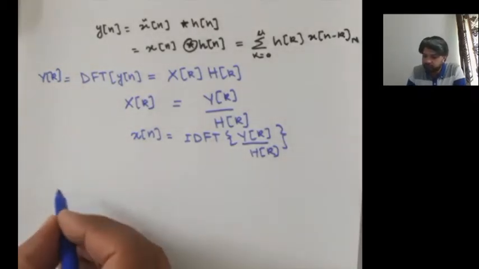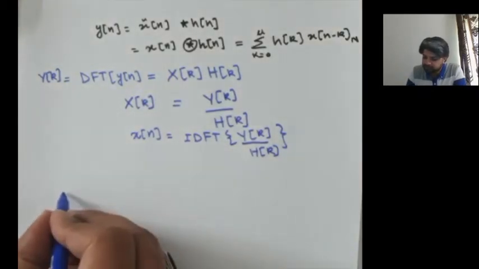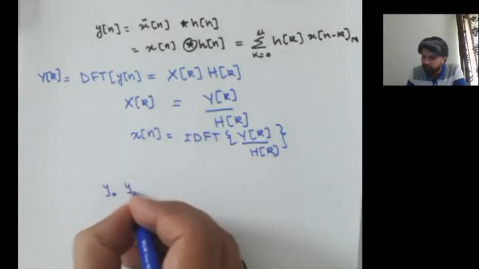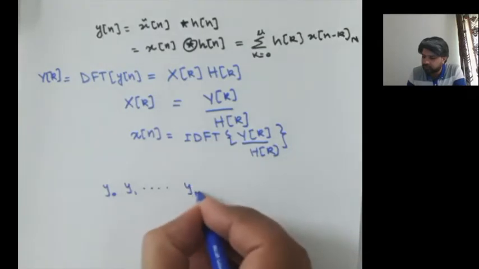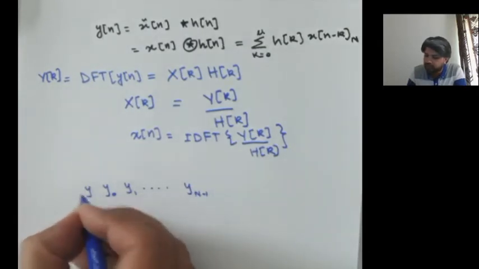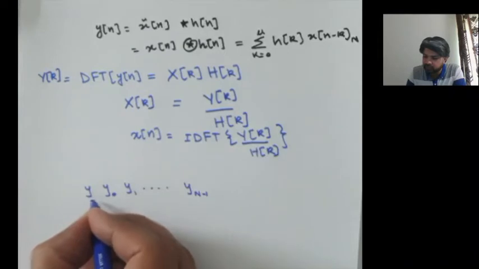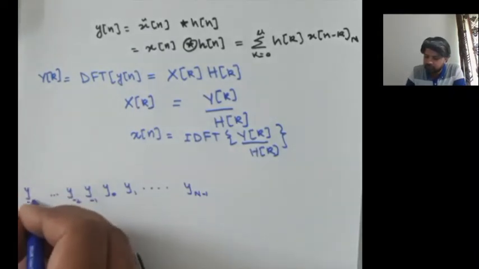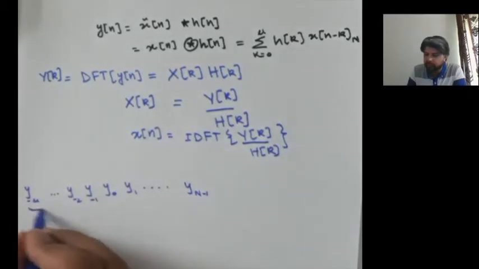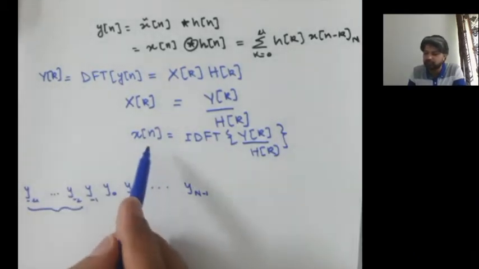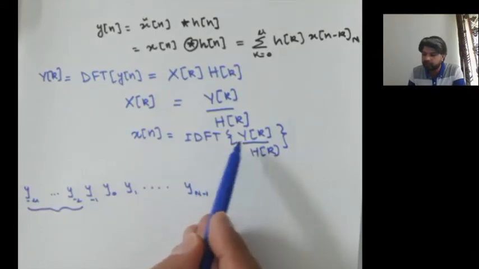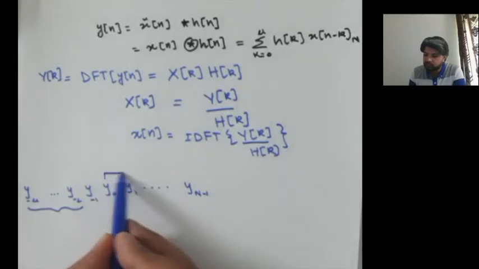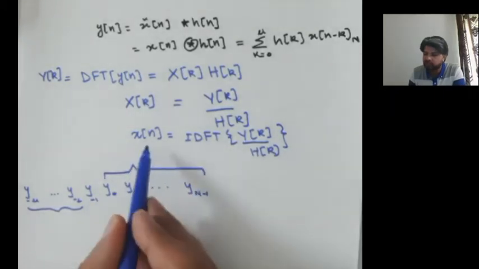So at the receiving end, you would have y0, y1, all the way to y of N minus 1, and of course you would also receive this cyclic prefix, y of minus 1, y of minus 2, all the way to y of minus mu. This cyclic prefix you don't need to recover your signal back, because your x of n is simply the IDFT of y of k over h of k. So this is the only thing that you require to recover your signal back.